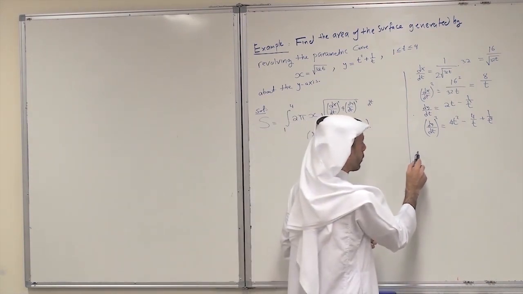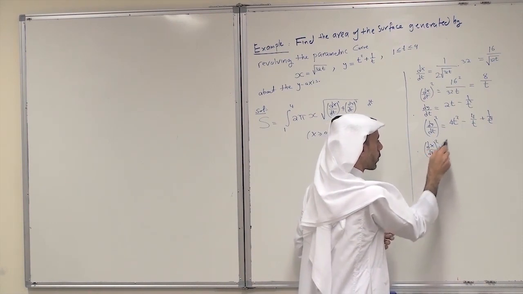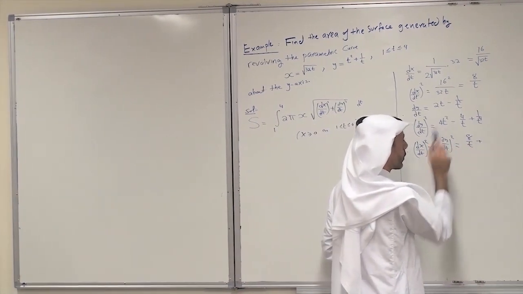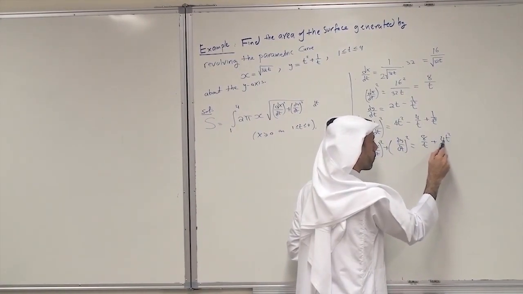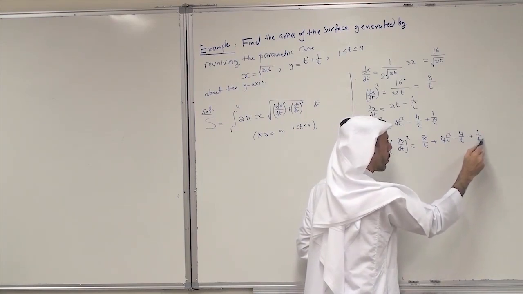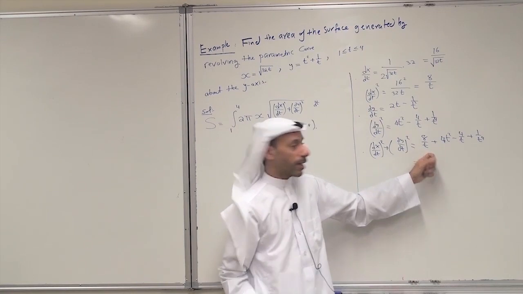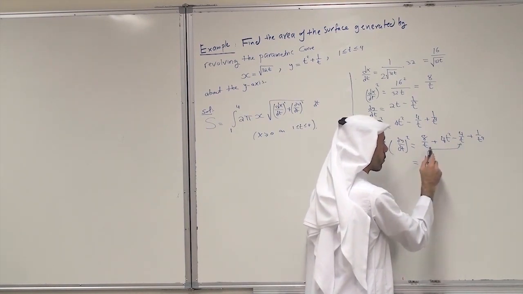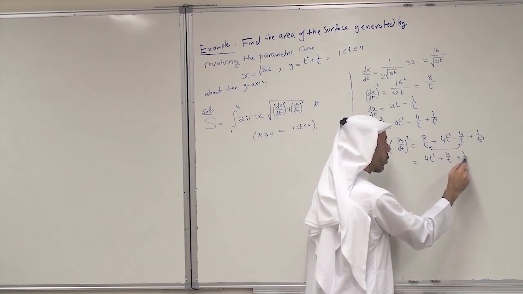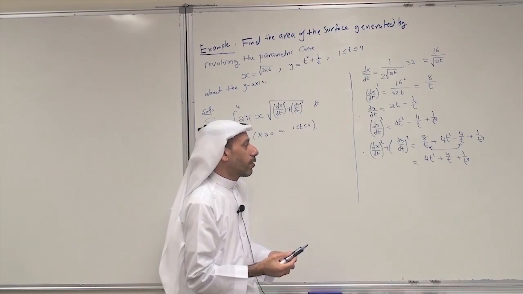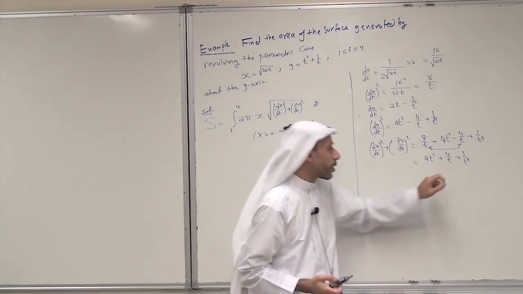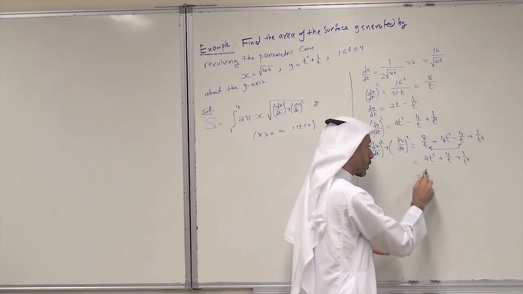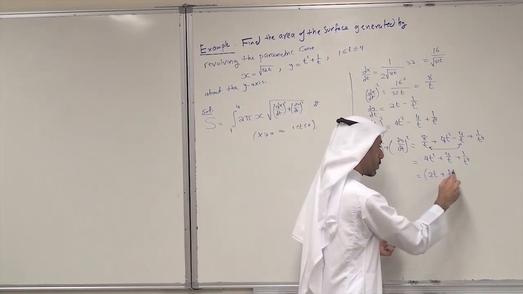Now we add them. (dx/dt)² plus (dy/dt)² is 8 over t plus the second one, which is 4t² minus 4 over t plus 1 over t⁴. You can add the first and the middle term, and you get 4t² plus 4 over t plus 1 over t⁴. But notice, these three terms come from the square of 2t plus 1 over t squared, so this is just a perfect square.